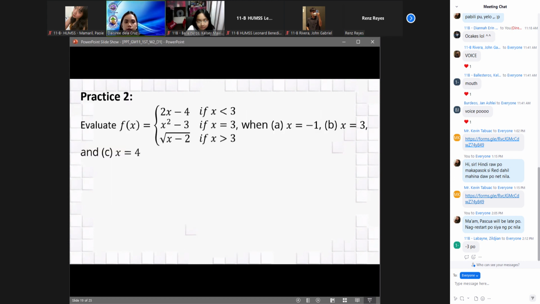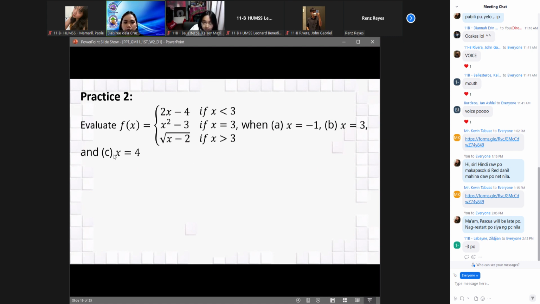Ayan. So next, practice number 2. Evaluate f of x is equal to 2x minus 4 if our x is less than 3, x squared minus 3 if our x is equal to 3, and square root of x minus 2 if our x is greater than 3. So first, x is equal to negative 1. The next value of x is equal to negative 3.